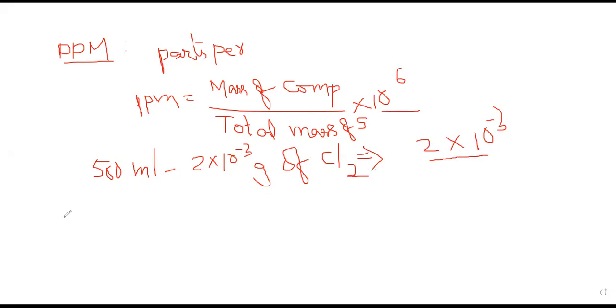For water, the density is taken as 1, therefore the weight is also considered as 500 grams. 500 ml of water is equal to 500 grams, both are the same, into 10 to the power of 6. It is coming to 4 ppm. Okay, that is about ppm. Parts per million is very important. Whenever you see any cool drink bottle also, they will mention it in ppm.